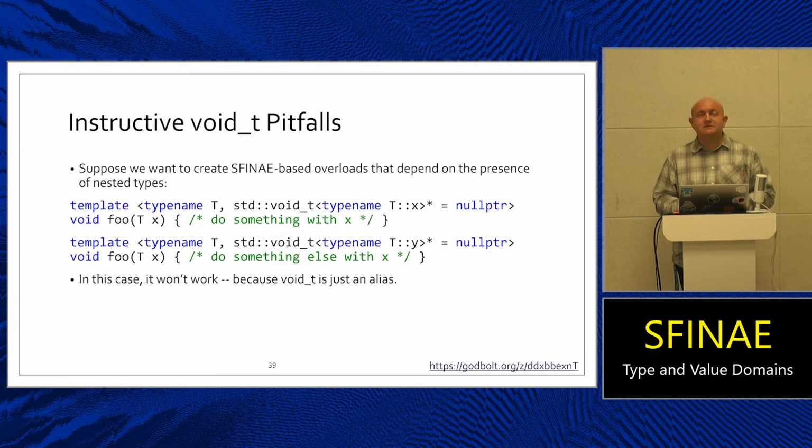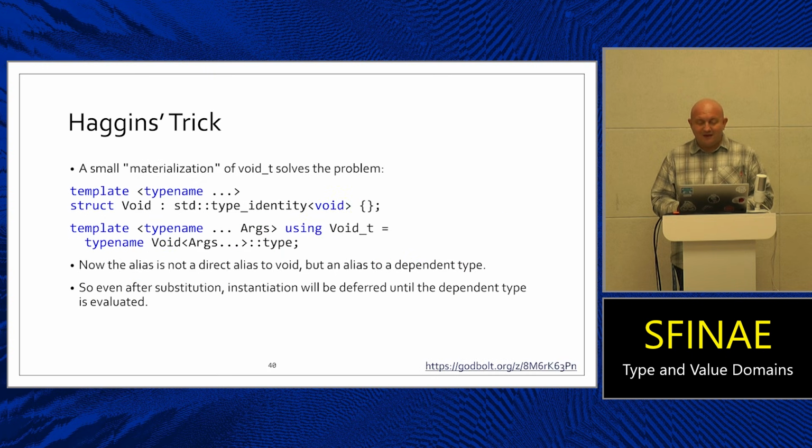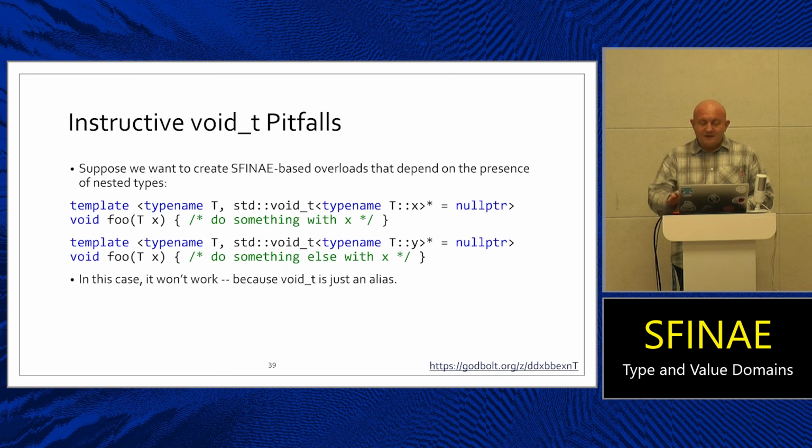The problem is that void_t is just a type alias. Sorry for this. Aliases are substituted before name resolution. So both of our templates end up looking identical. Each effectively has a parameter of type void, from void pointer in this case. From the compiler's point of view, the signatures are the same.